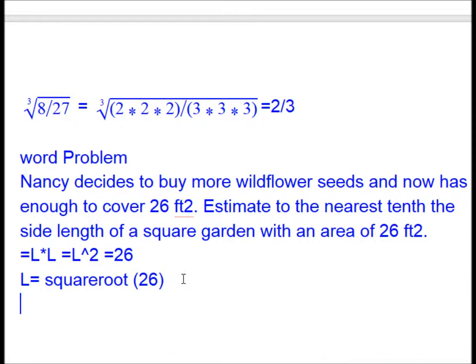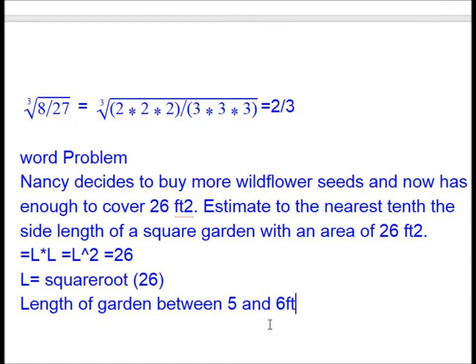So now we know that the length of the garden is between 5 and 6 feet, because 6 squared is 36, which is too high, and 5 squared is 25, which is too low. So now we need to guess again.